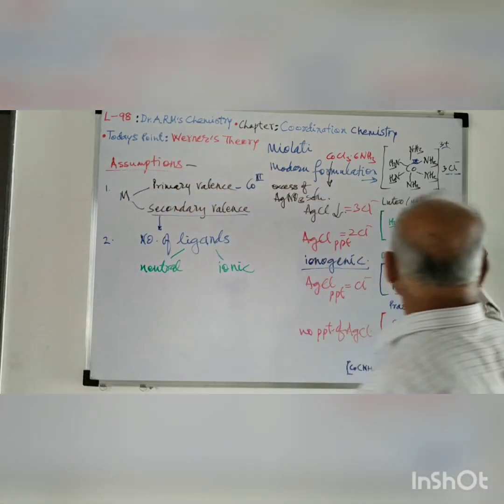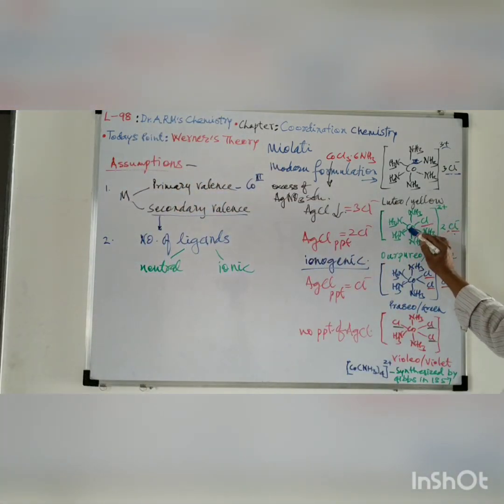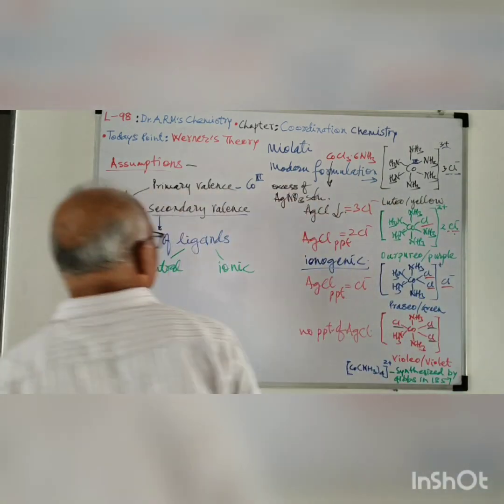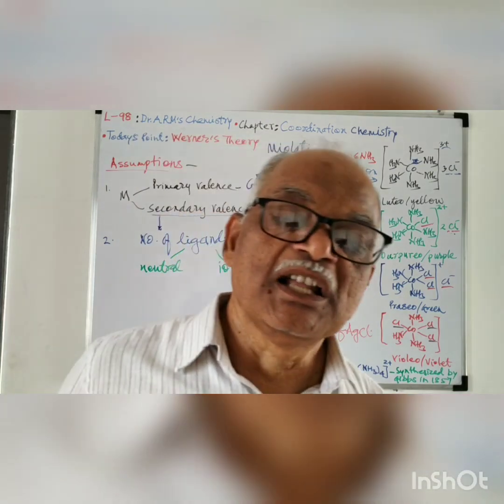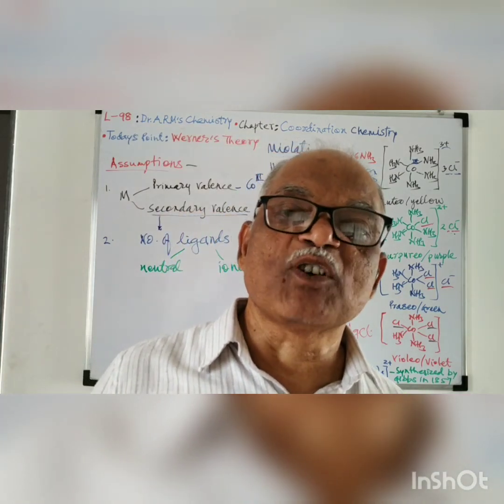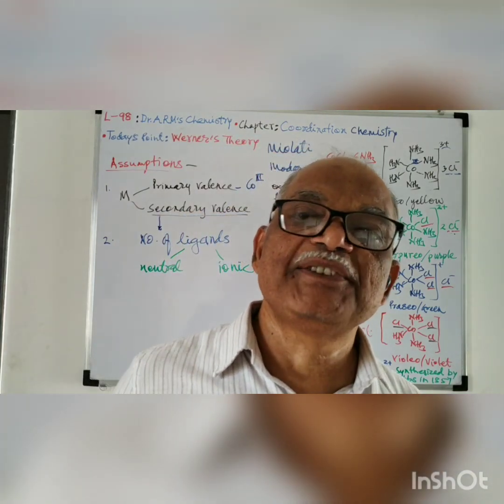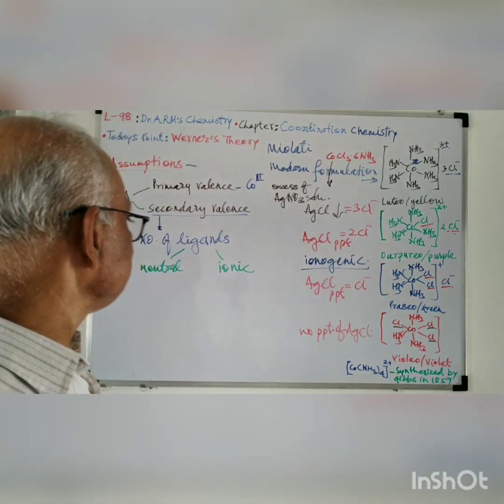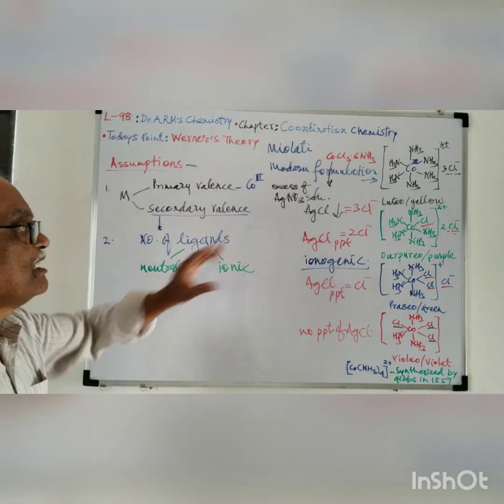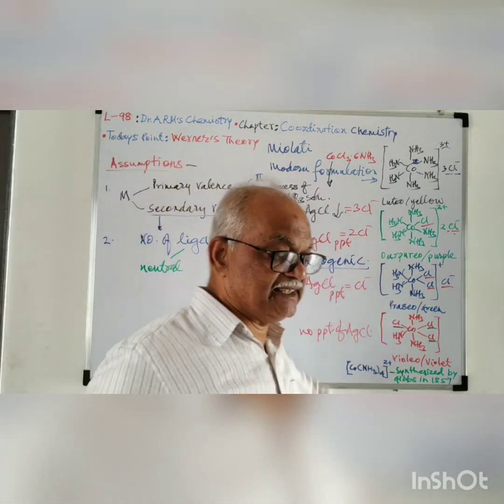Now, the nature of bonding between this Cl and cobalt is ionic or electrostatic. So these ligands are bonded to the metal ion which is present at the center, and the species is observed like this.